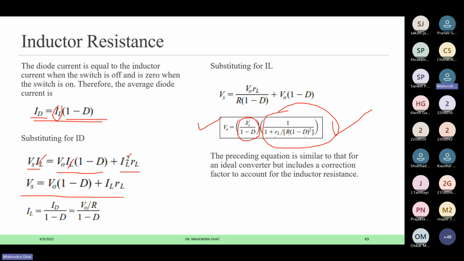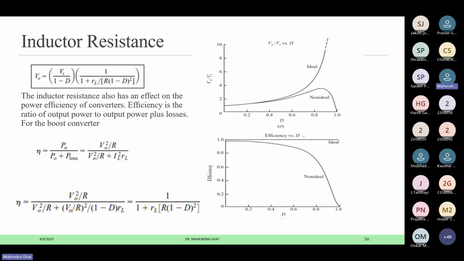If I plot this equation by changing the D value, you can see for the ideal case, it starts with the VS value, and as D reaches 1, it reaches infinity. But in the non-ideal case, it does not reach infinity, but reaches the 0 value actually.